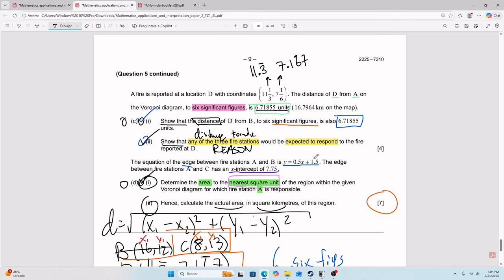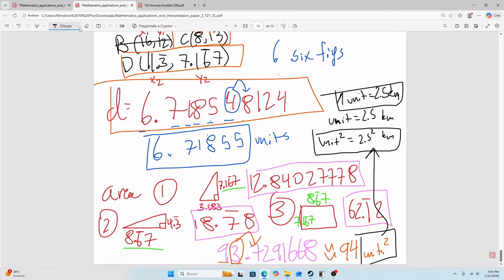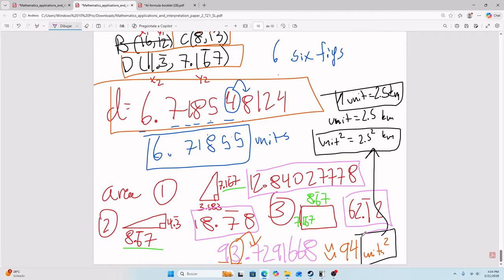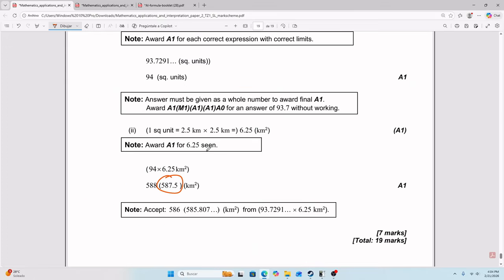And it goes to show that taking care of your units is extremely, extremely important. And if I had a sharper and younger mind, I could have realized that I wrote my answer as unit squared, and they told us that 1 unit is 2.5, which is different than unit squared. And so this little itty bitty step is what gives you that 6.25 right here.